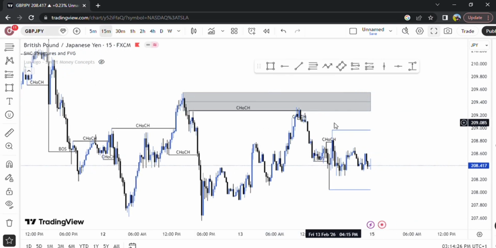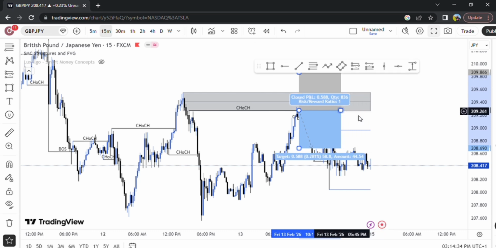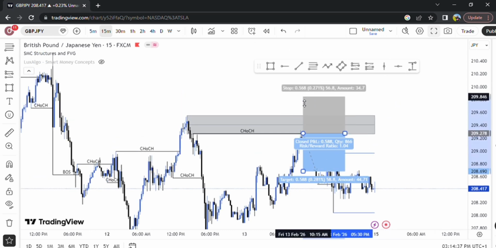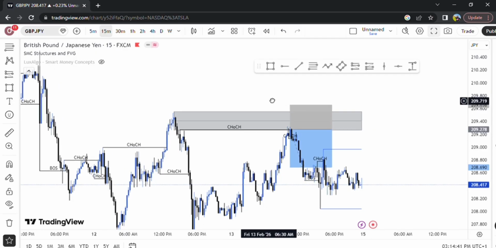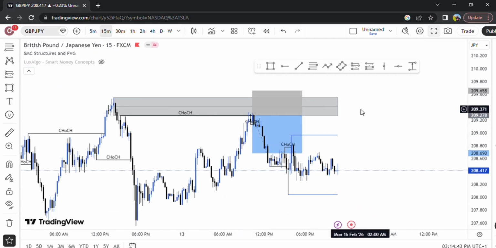I'll show it to you guys on my screen right now. My stop loss was above there. I was able to use this particular indicator to find this particular move.